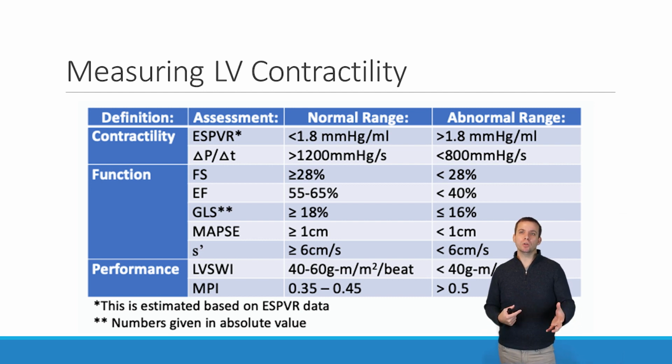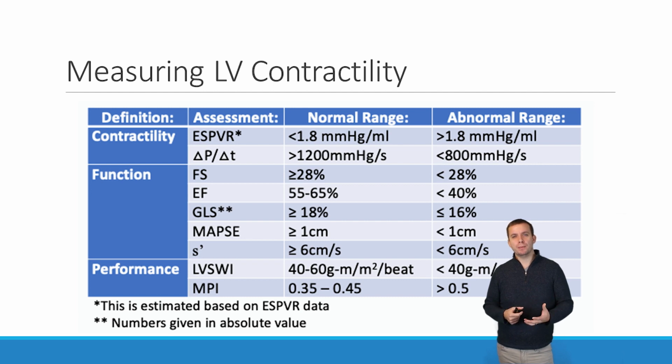If we look at global longitudinal strain, just in this table to make it easier, I did it as absolute values. If the number is greater than 18%, then you're looking at normal, versus if it's less than 16%, you're looking at abnormal. And then we previously talked about MAPSE and S prime. This one will typically show that greater than 6 is considered normal when dealing with S prime, and less than 6 would be abnormal.